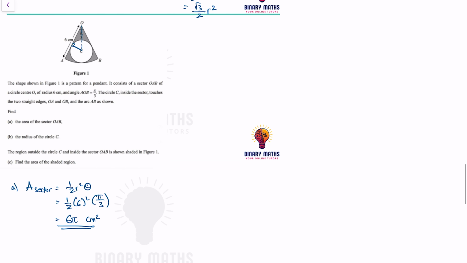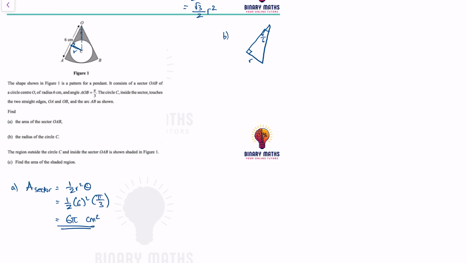So hopefully this triangle will help us find R. So if I redraw this, we've got a right angle triangle. And because this halves it, the angle must be pi over 6, half of pi over 3. Okay, now what do we know? We know this is R. Now we don't know where this meets AO, so we can't say anything about that.